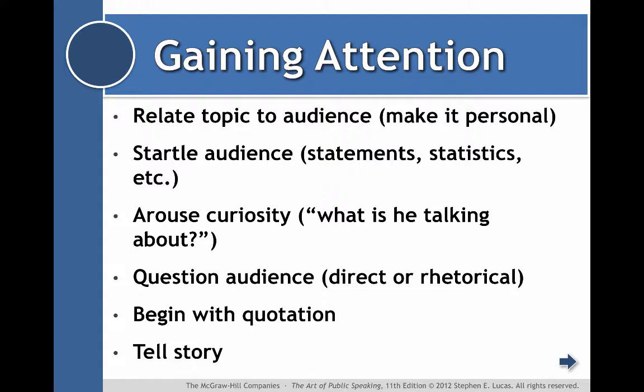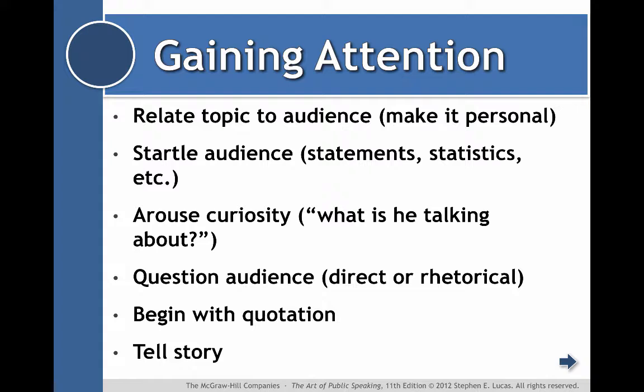Maybe people will raise their hands, maybe everyone will just stare blankly at you, maybe someone will blurt out their experience getting a ticket, you just don't know. So you have to be prepared for anything and ready to respond to whatever feedback you get from the audience and move it back to your speech. Rhetorical questions that generally don't require an answer might be better.